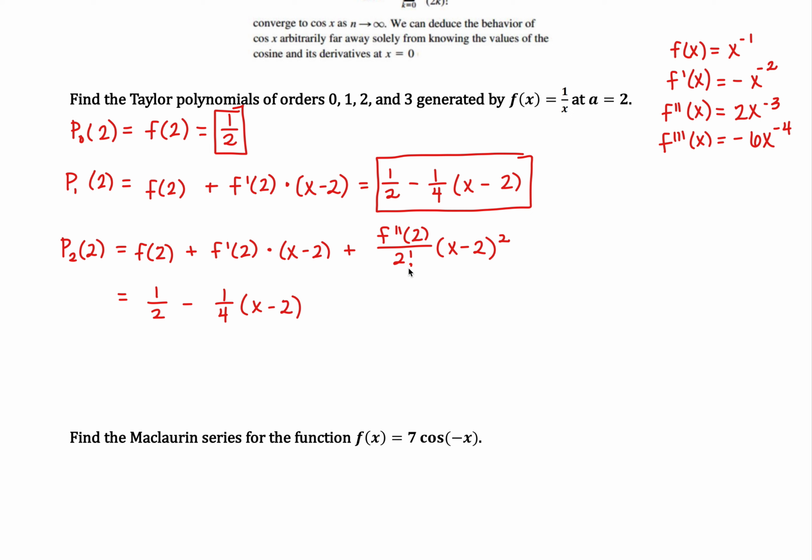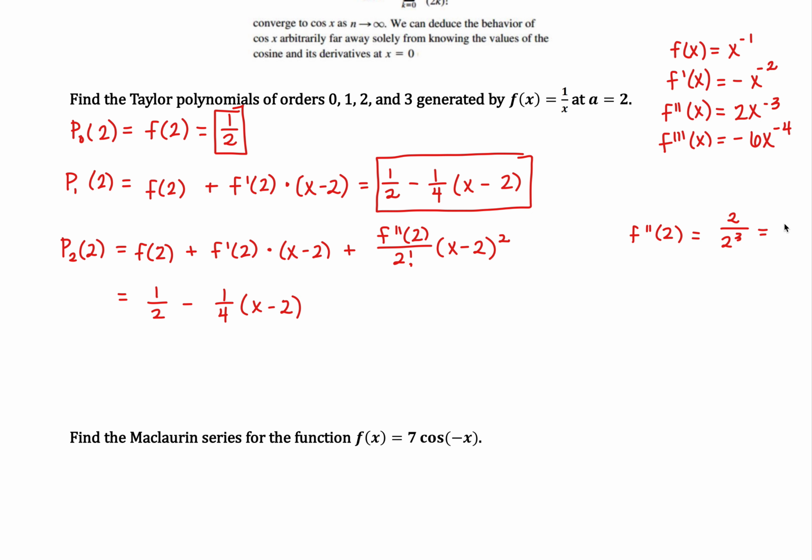Now we're going to look at the third term. So f double prime of 2. So we're over here. So it's going to be 2x to the negative third. That's the same thing as 2 over x cubed. So I'm going to do this to the side here. So it's 2 over 2 cubed.